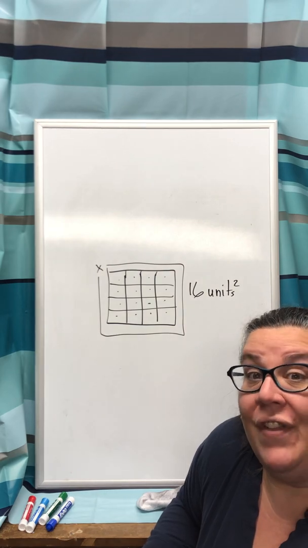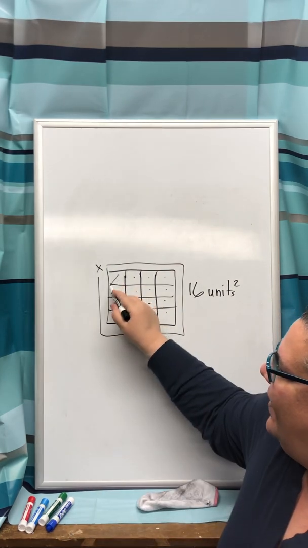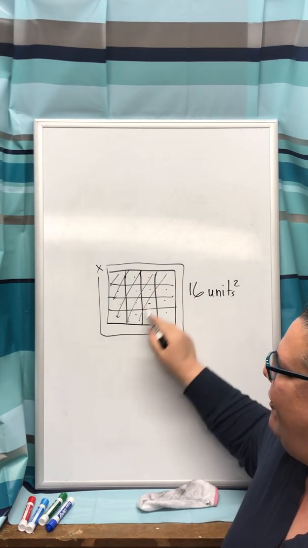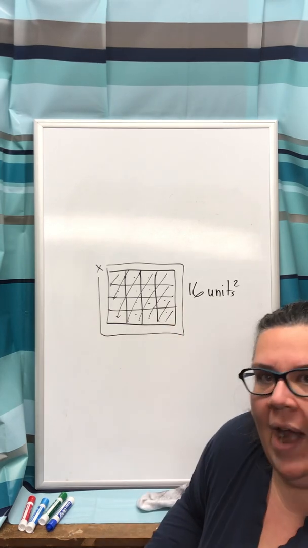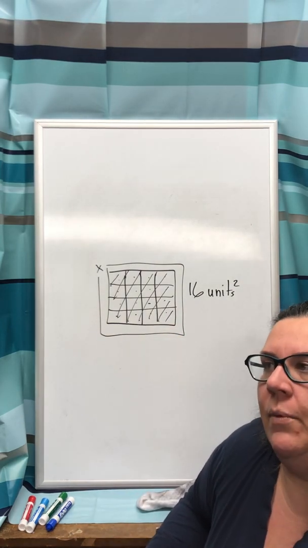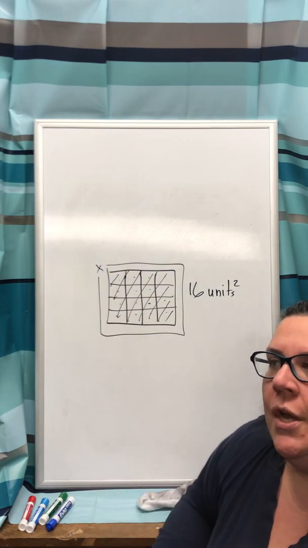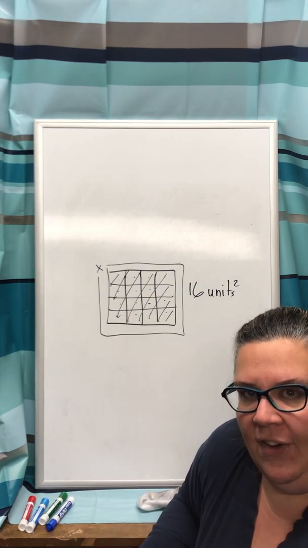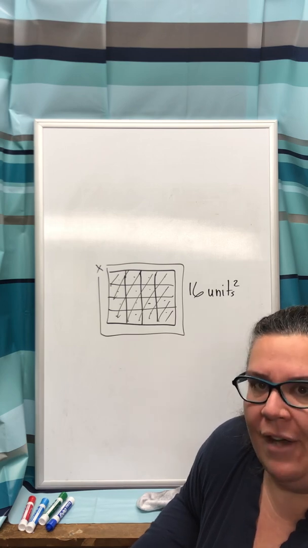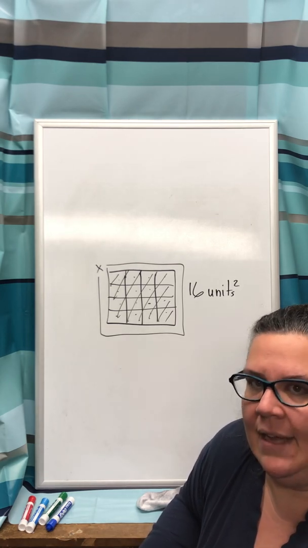If I'm looking for the area, it's the area that is contained within that fence. So if it was a grassy area or a garden, it would be that middle section, so the entire middle section. Again, to find the area itself, we now use that formula, area equals length times width.